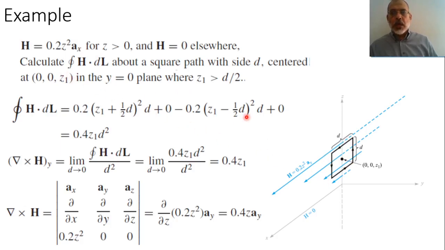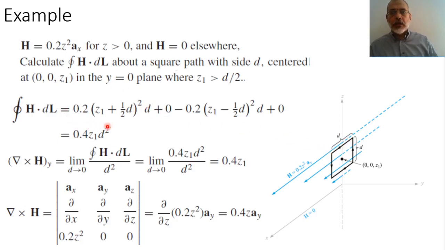Now the two arms along the x direction, one in the positive x, so it would be H multiplied by delta x, which is d in the x direction, and this is the arm at z equal z1 plus d over 2. So we are going to replace z with z1 plus d over 2, and multiply this by the length along the x.